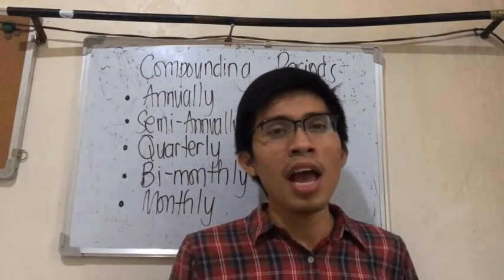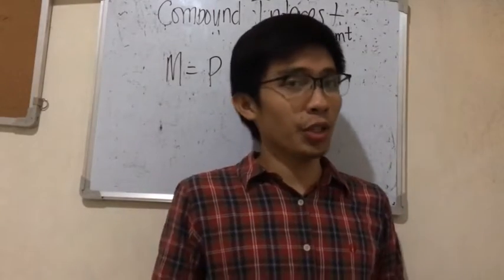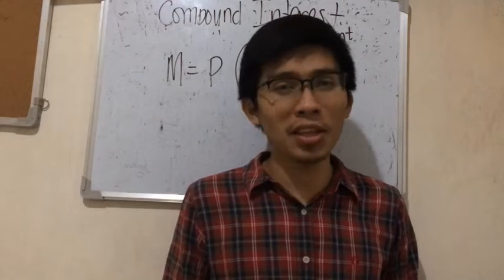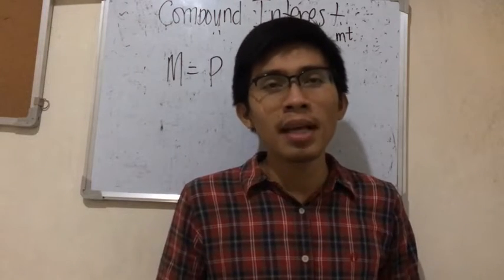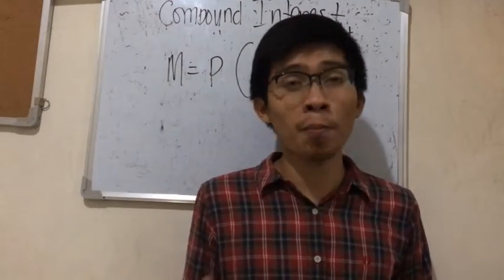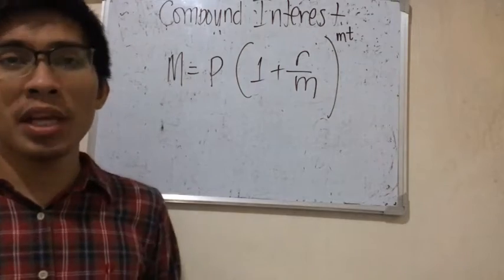And I believe every one of you is ready now to solve. We already understand the characteristics of compound interest. This time, let's see the formula on how we are going to solve compound interest. This is the formula of compound interest.